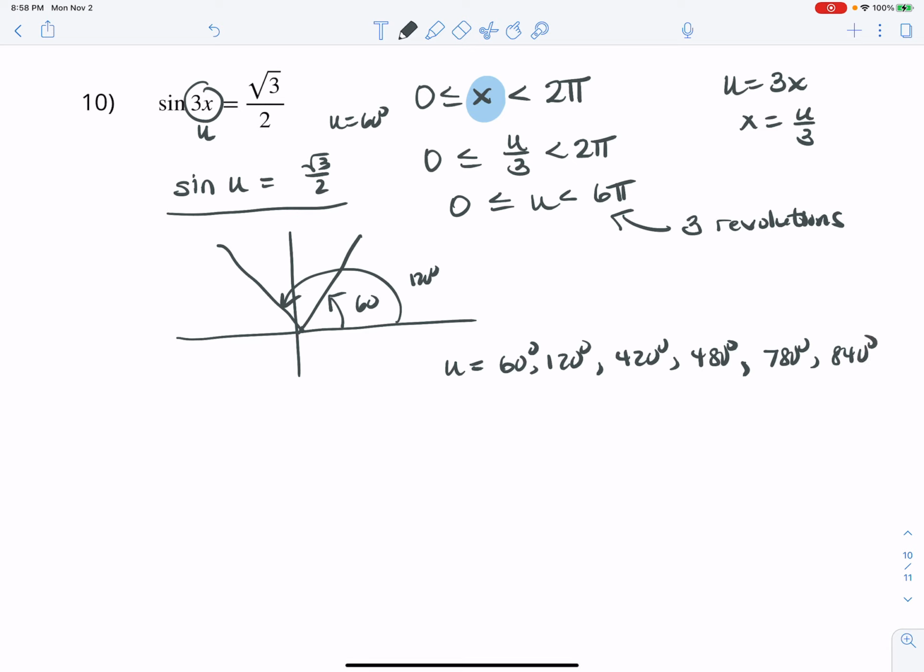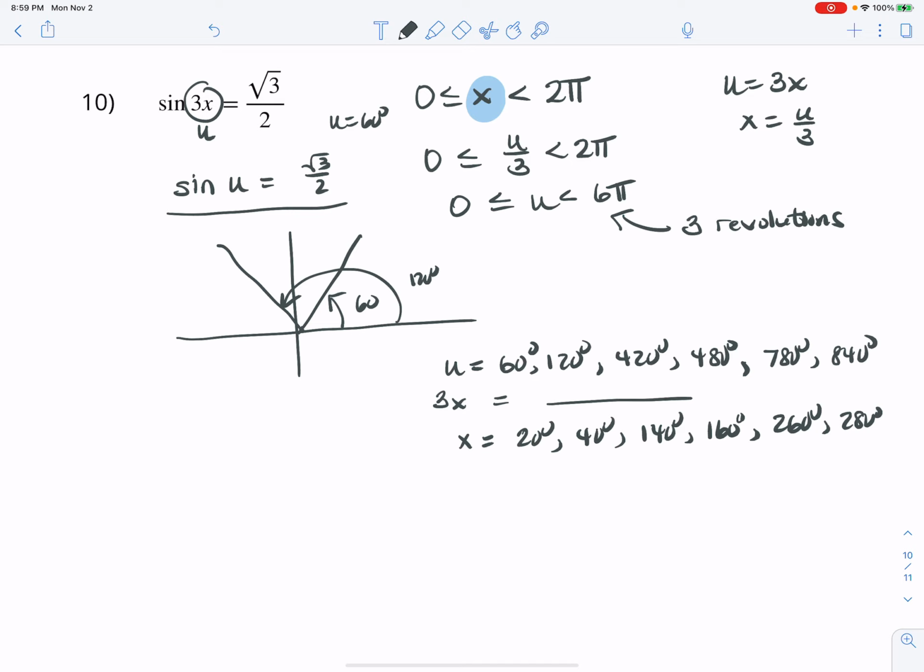Now remember, we want to A, have radian solutions, and B, have x as our variable. So this means that 3x is equal to all of that, which means that x is equal to, and I'm going to divide each angle by 3, and that's going to give me 20, 40, 140, 160, 260, and 280.